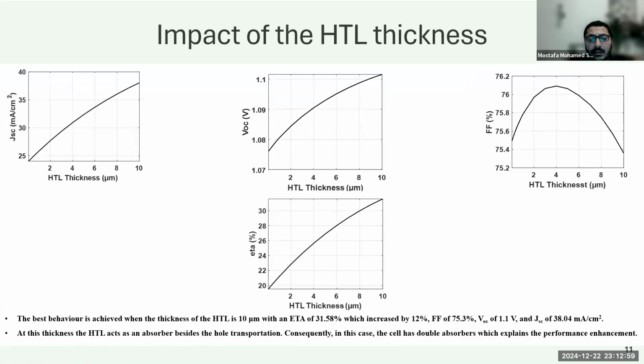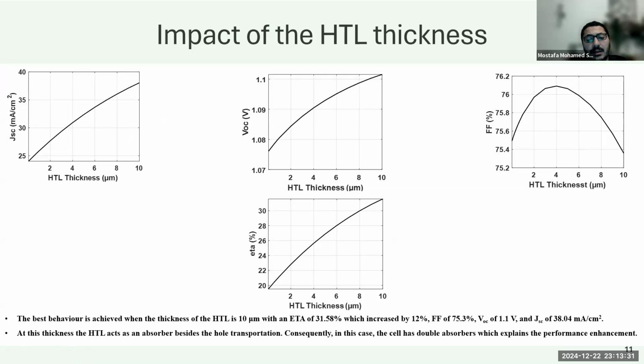The HTL has a significant impact on the performance. So we studied the thickness of the HTL. Increasing this thickness increased the performance. At this high thickness, the whole transport layer is used as an absorber layer.